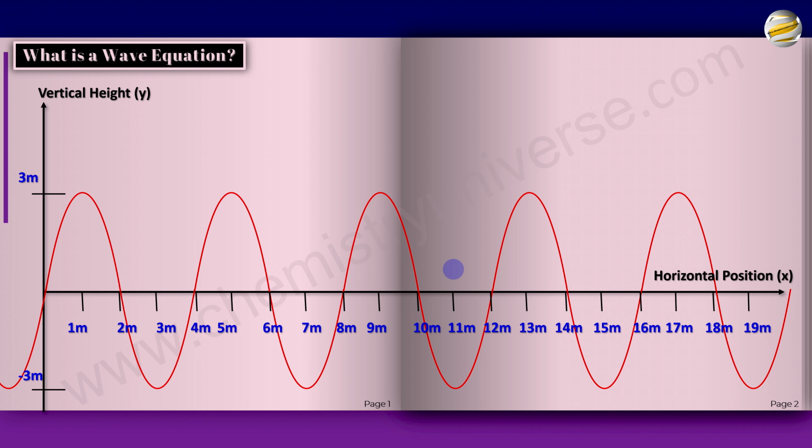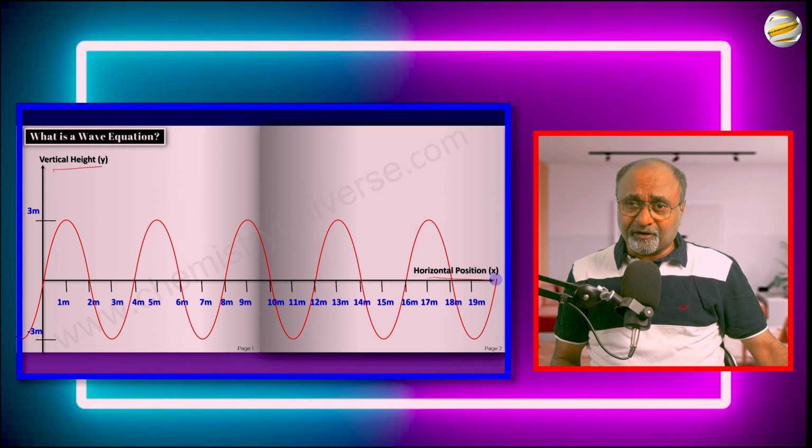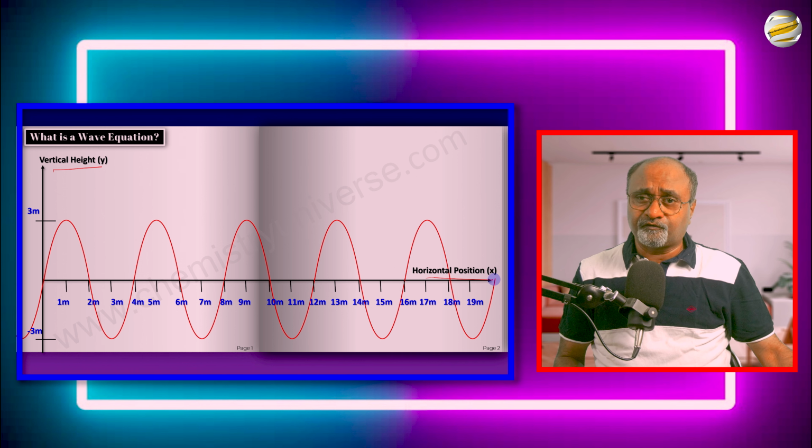As you can see, this is a graph which has a vertical height on the y scale and the horizontal position on the x scale. So, what do you want to do in any graph? In any graph, you would want to find an equation of y in terms of x. That's the basic purpose, right? That's what you want a wave equation for.